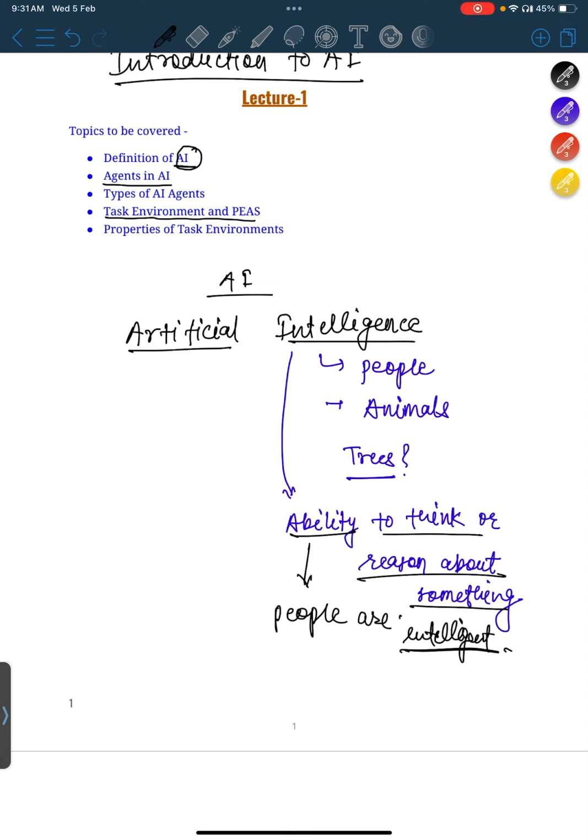So far we have been talking about animals, trees, and people, which you can think of as natural intelligence, which was always there. It is not the case that we are developing a brain, creating a brain and then inserting the brain after the birth of the human.